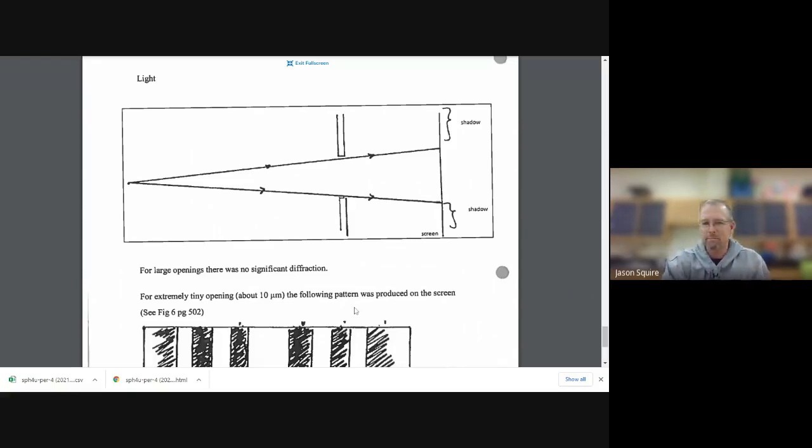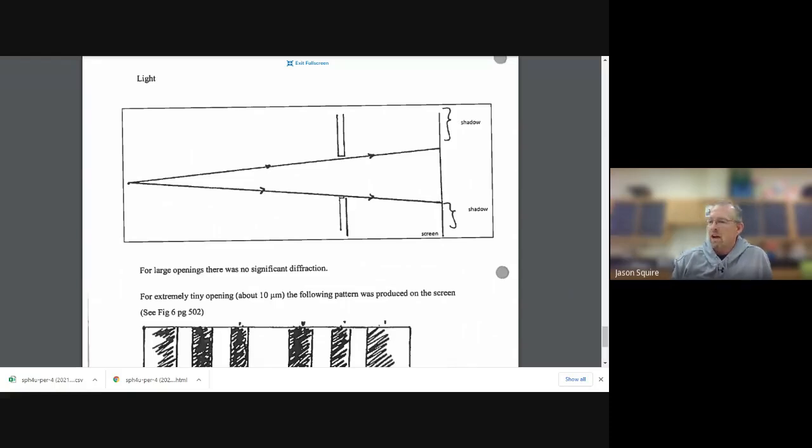That's why, with the door open to the hallway, if we were in school, I could hear kids out in the hall talking, but I couldn't see them because the light from the hallway couldn't come in through that doorway and spread through the room. Okay, but sound waves could.